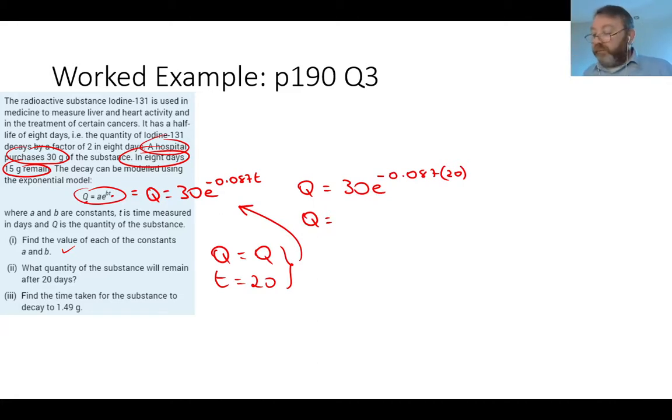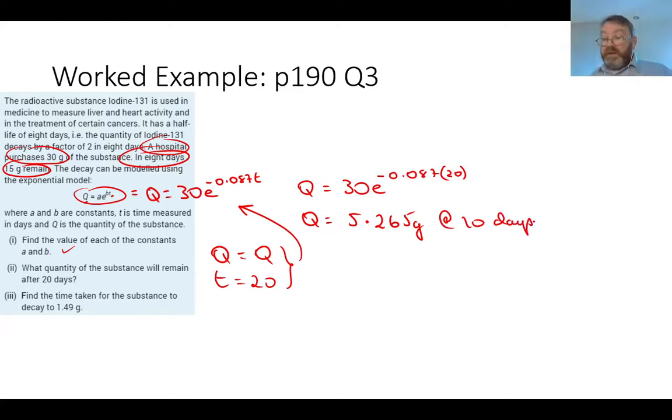So shift natural log to get your e, minus 0.087 times 20. And that comes out as 5.265. So that's the quantity in grams. That's the quantity after 20 days.